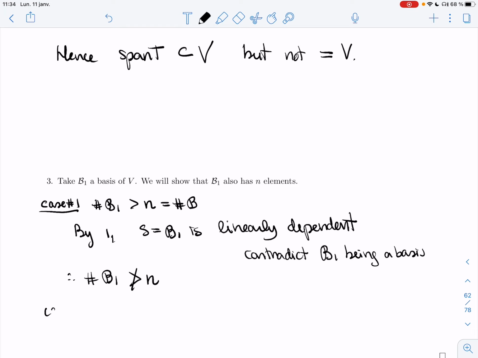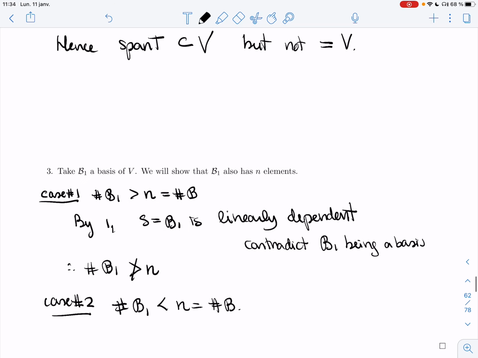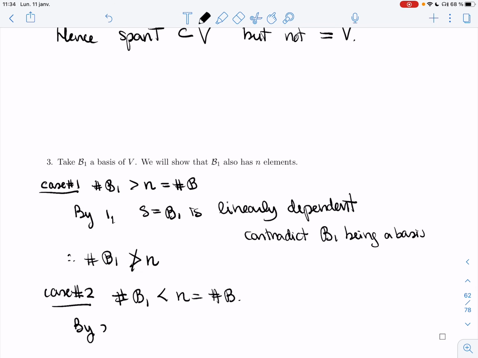All right, let's look at the second case. What if we have fewer elements in B1 than we had in B? Well, that's covered in 2. By 2, T equals B1 cannot span all of V. Otherwise, B would have redundant vectors. Otherwise, B would be linearly dependent.